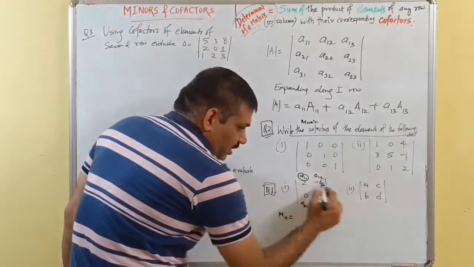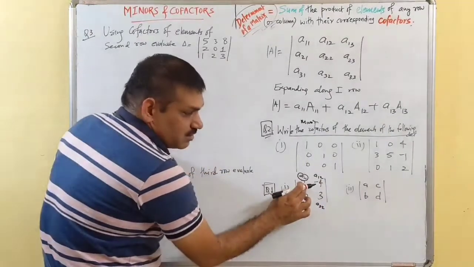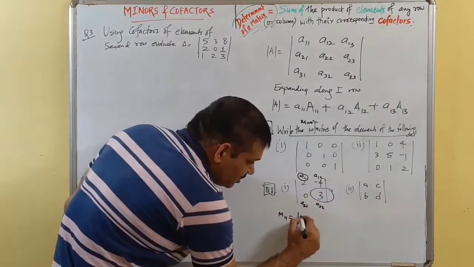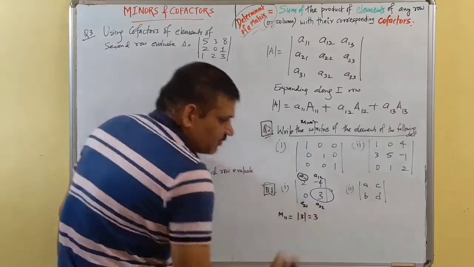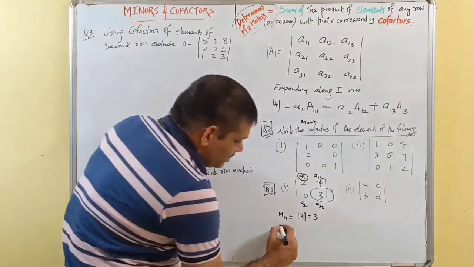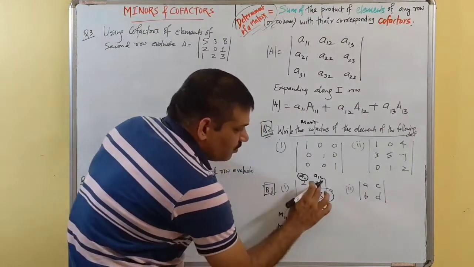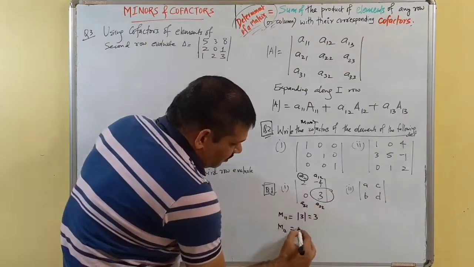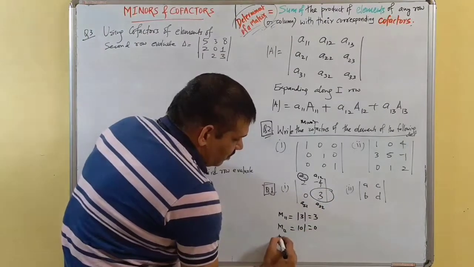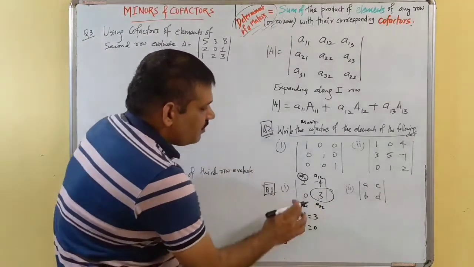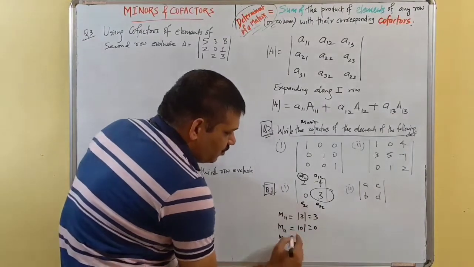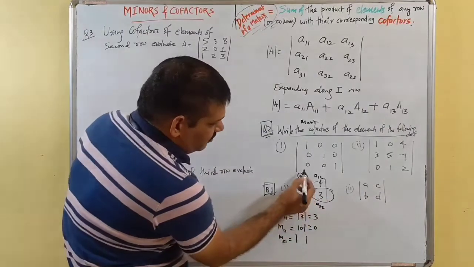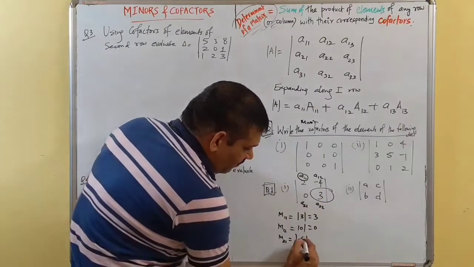I'll delete the ith row and jth column in which this particular element lies. So the determinant of the remaining is the determinant of 3, that is 3. What is M12? We'll delete this row and column, the determinant of 0, that is 0. Now M13, M21: I'll delete this row and this column, the determinant of -4.